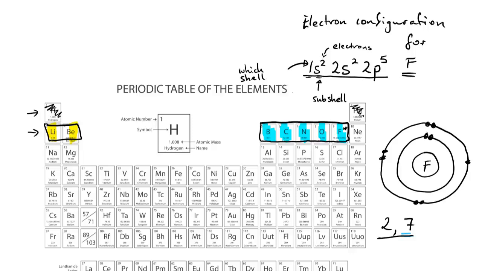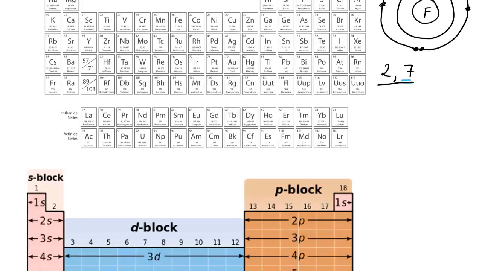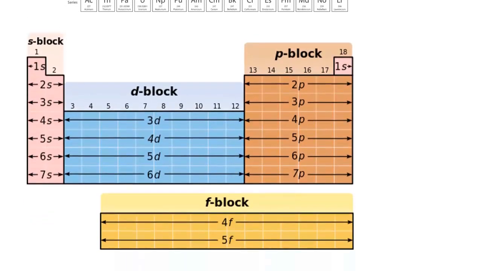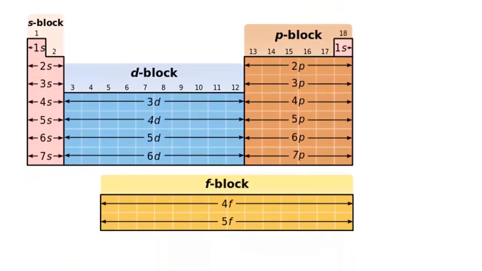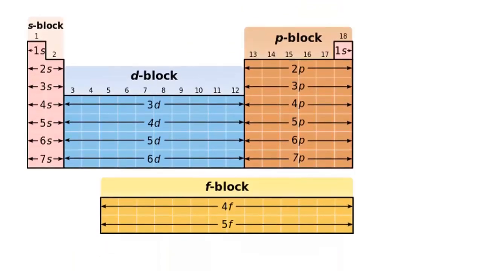Now, what you'll find is that the periodic table is actually broken down into these blocks, and they are specifically organized to tell you how the shells are organized, and in what orbital they exist.